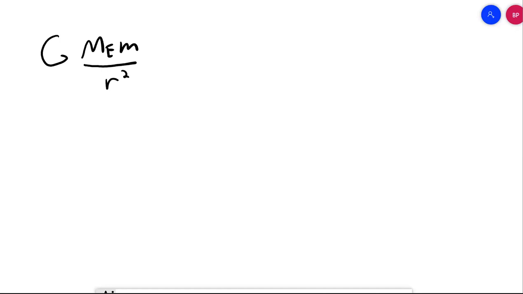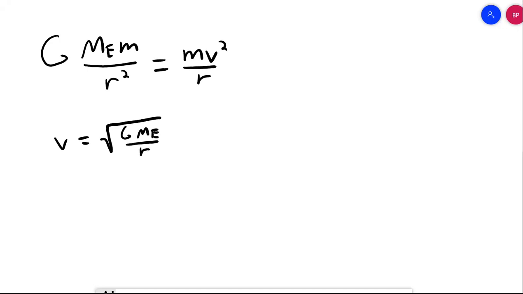And because the satellite is moving in a circle, that must be equal to the centripetal force, which you'll recall is given by mv squared over r. Okay. So if we solve this for the velocity, it's plus or minus, but we don't care about the direction, so I'll drop that. It's the square root of G times the mass of the Earth divided by the distance between the satellite and the center of mass of the Earth.